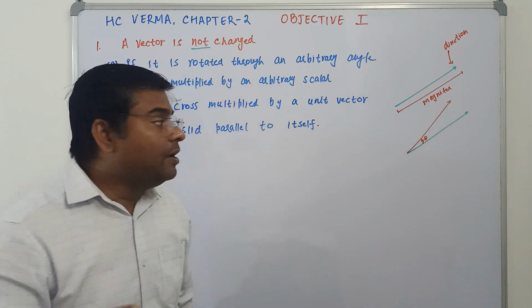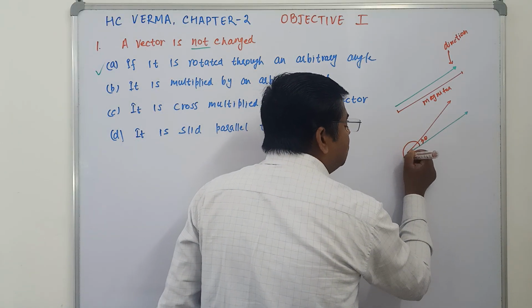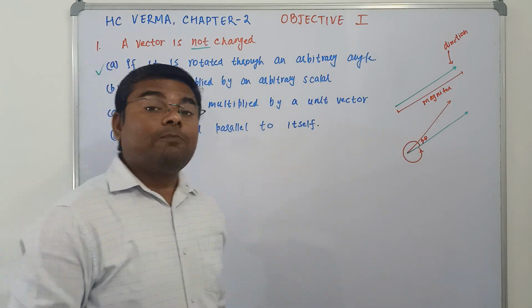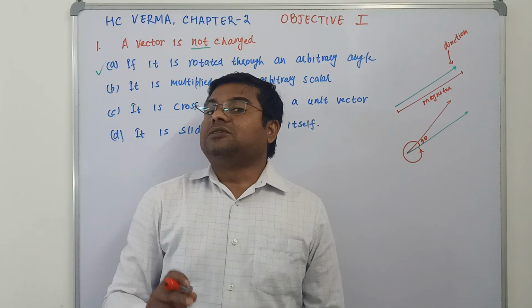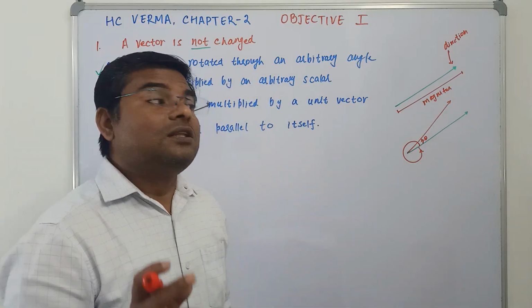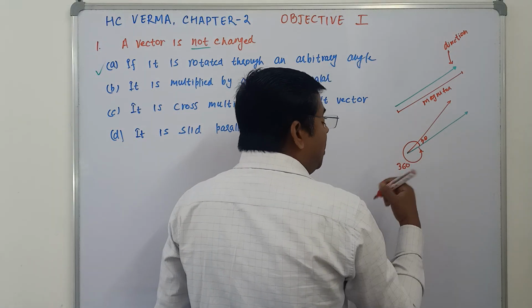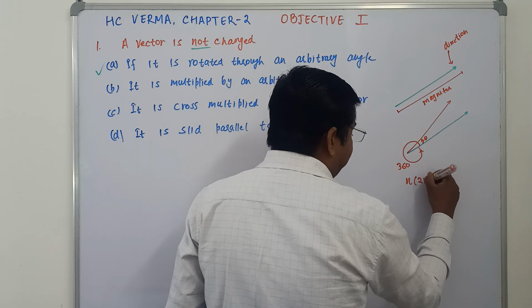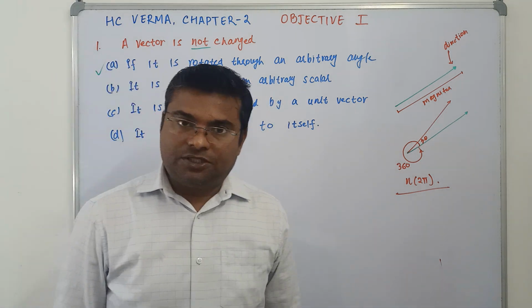But what happens if this green vector is rotated through 360 degrees? Again the position, the magnitude and the direction of the vector will be the same. So whether it is moved by 360 degrees or any integral multiple of 2 pi radians, there is no change in the vector.